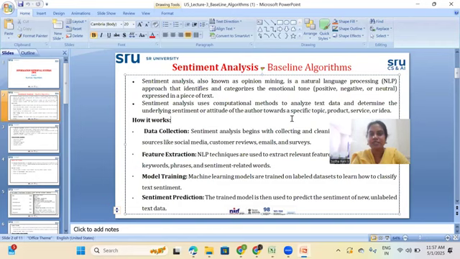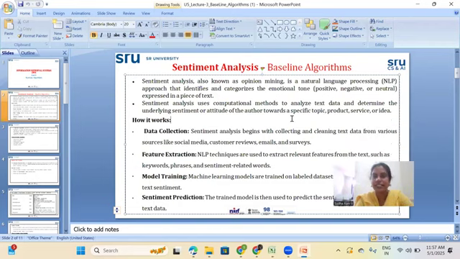Data collection means sentiment analysis begins with collecting and cleaning text data from various sources like social media, customer reviews, emails, and surveys. Cleaning the text includes text pre-processing: removal of stop words, lemmatization, stemming, tokenization.